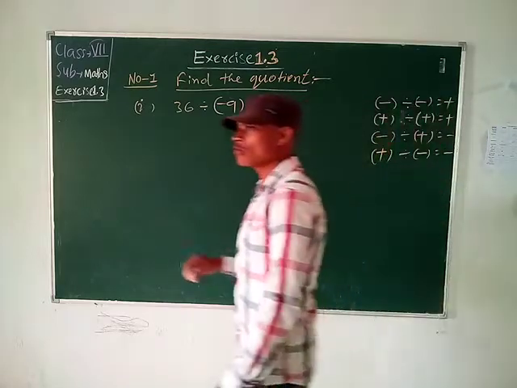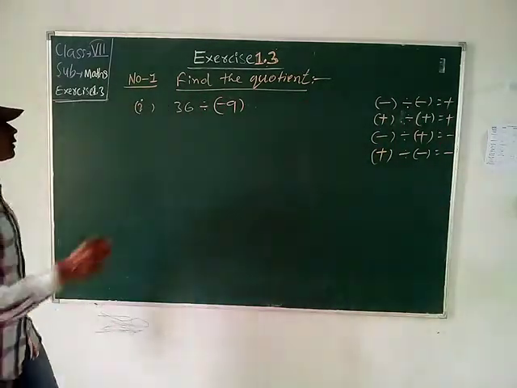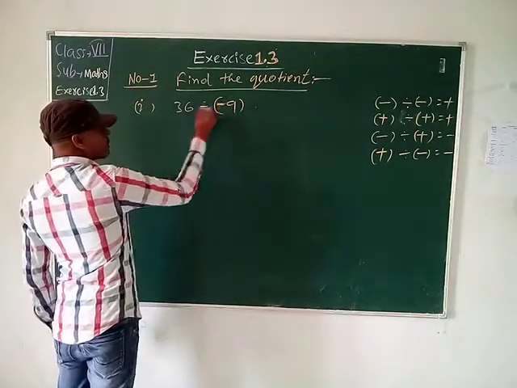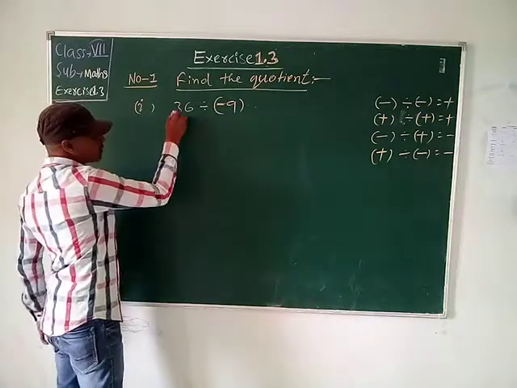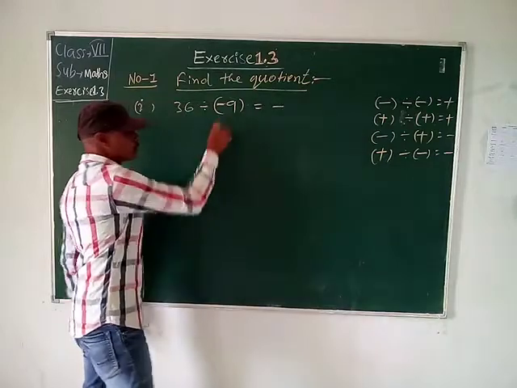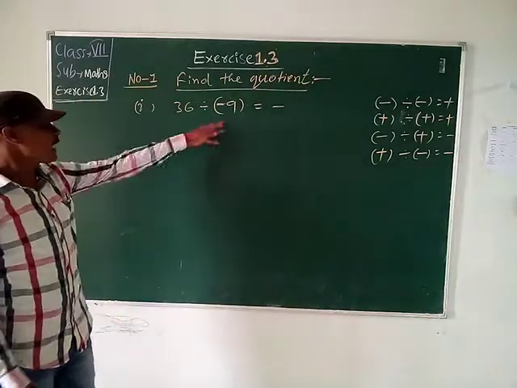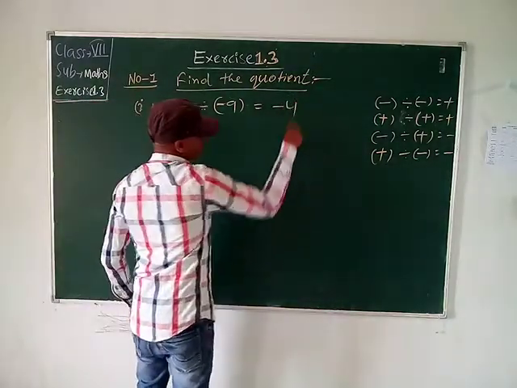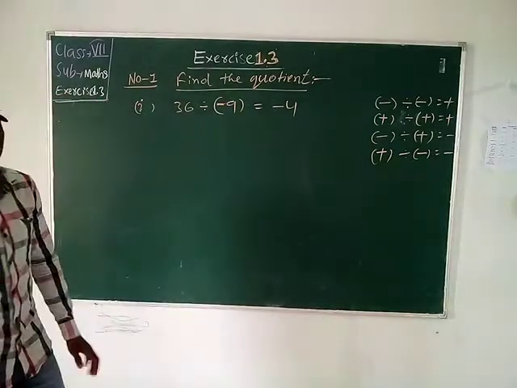We know the rules. So here, plus divided by minus equals minus. We know the table of 9. 9 fours are 36. The answer, the quotient, is minus 4.